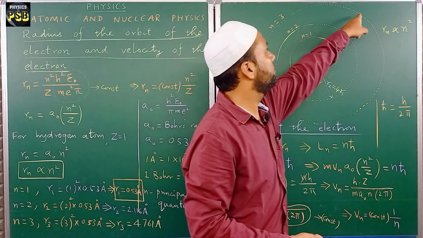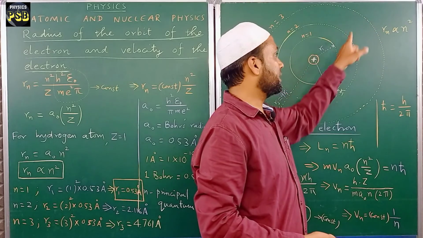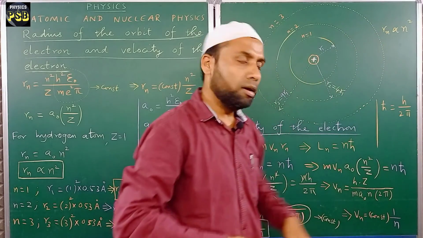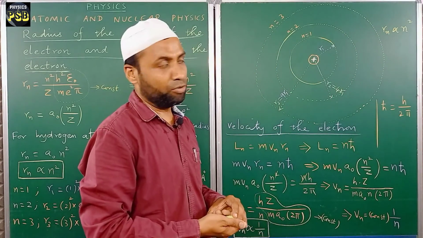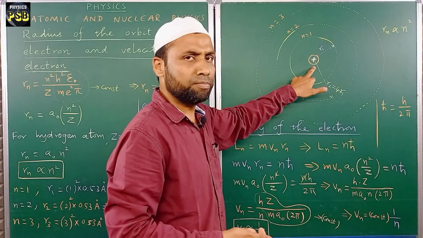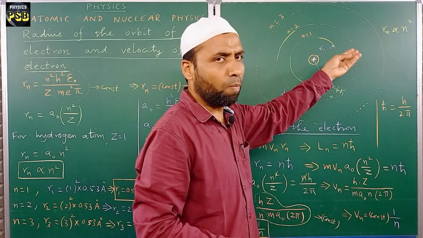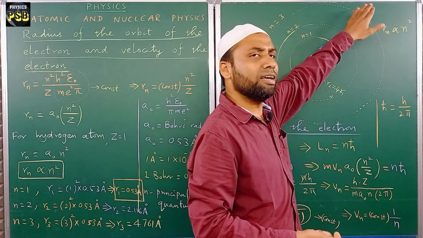Whereas here, the electrons present in the third orbit or second orbit are less attracted by the nucleus. So when they are less attracted, automatically they travel with less speed.